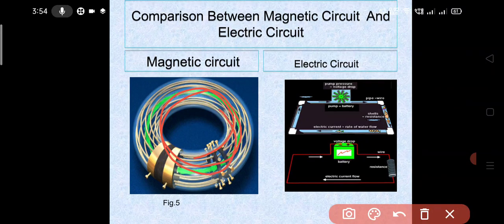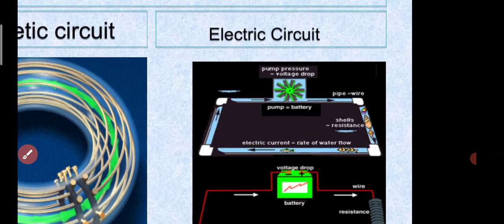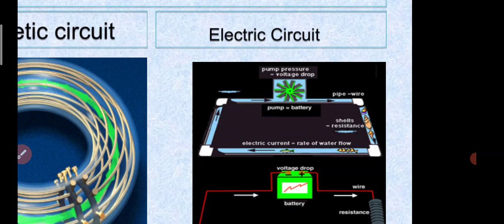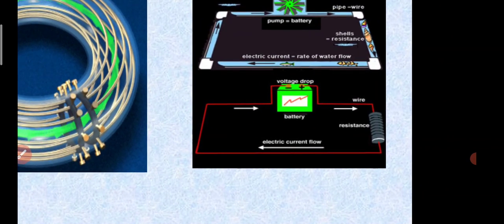This is the closed loop path. The green is the direction of flow of the flux. This is the electric circuit. This is the direction of flow of the electric current. This is the battery. This is the resistance.